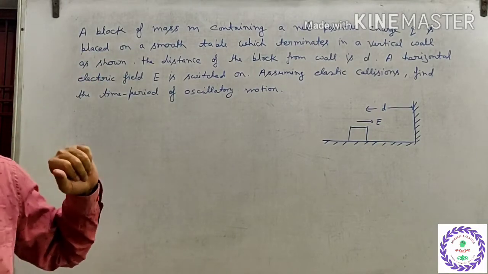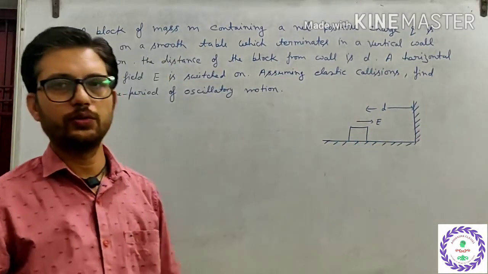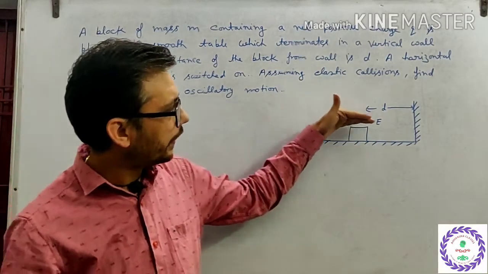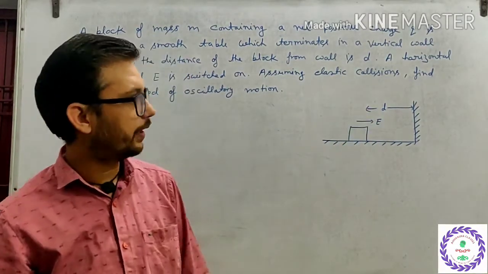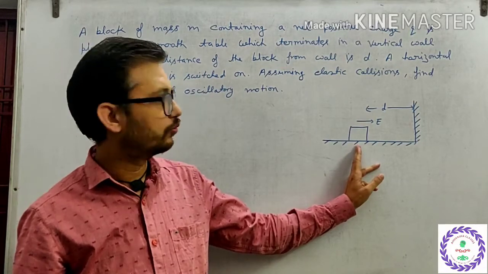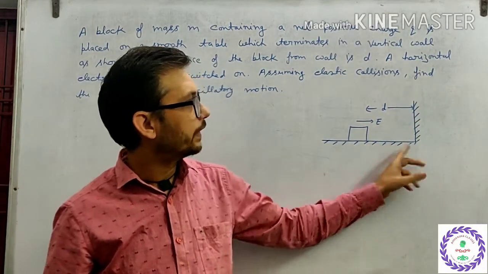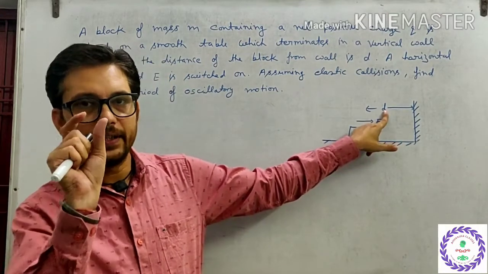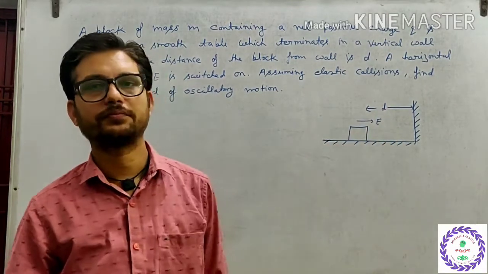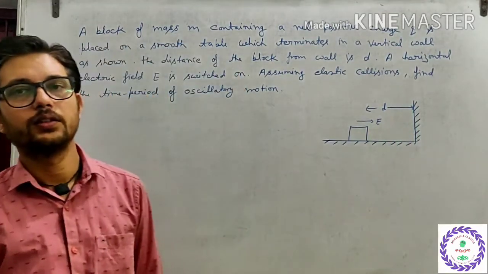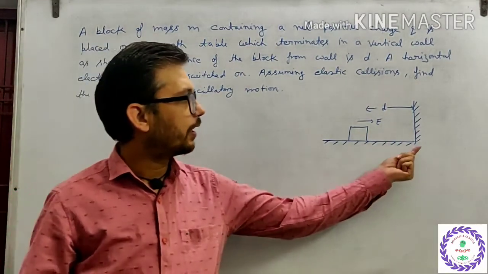In this question, a block is given to you, and when a horizontal electric field is applied, it starts to move towards the wall. This is a wall which is at separation D from the block, and the block collides with the wall and comes back.